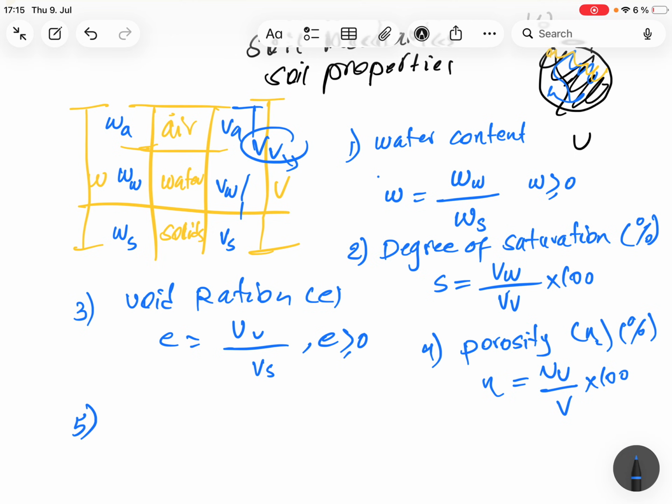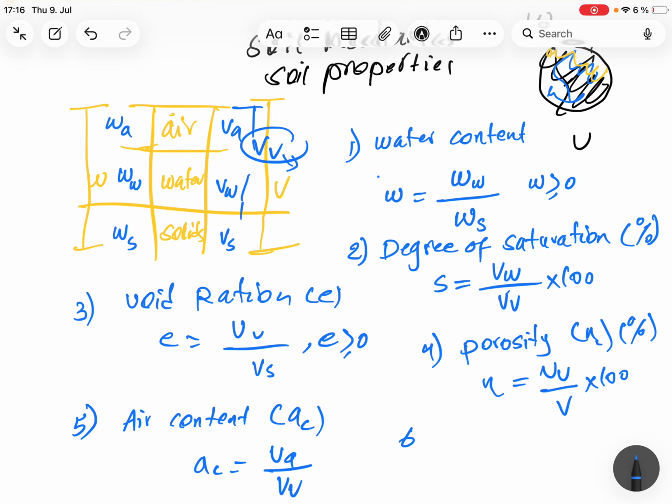The fifth formula is the air content, and is shown as C. Air content equals the volume of air divided by the volume of void.